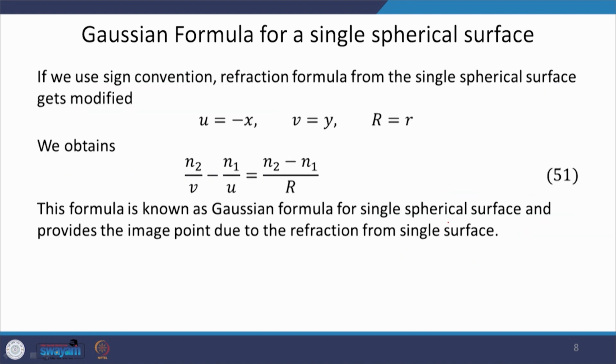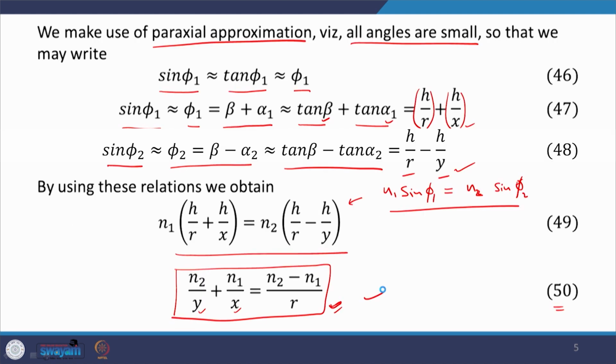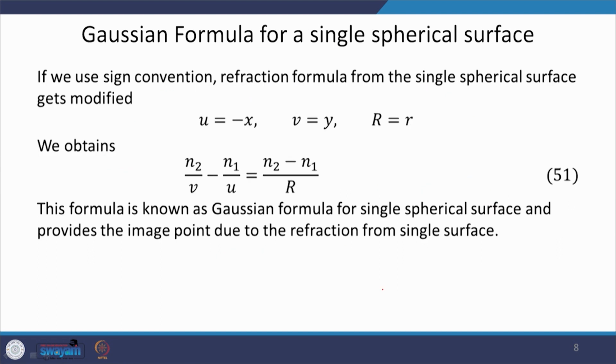Now, if we apply this in the formula which we derived in the previous slide, equation number 50, let us see what we get. If we use the sign convention, the refraction formula for the single spherical surface gets modified. How does it modify?